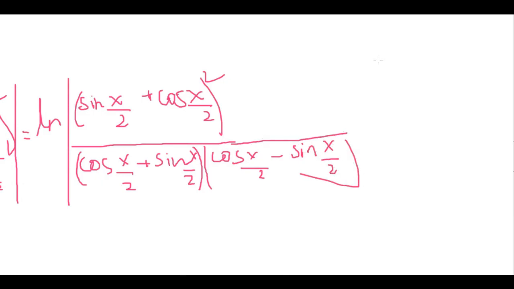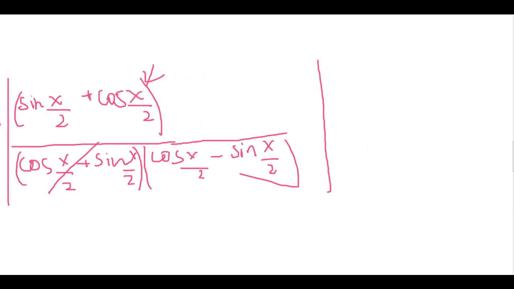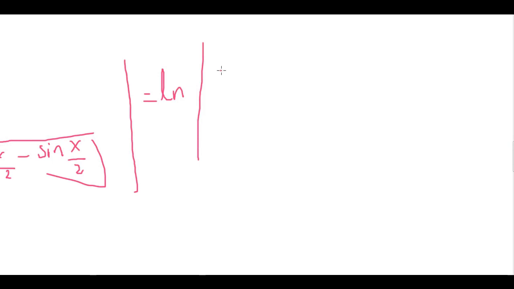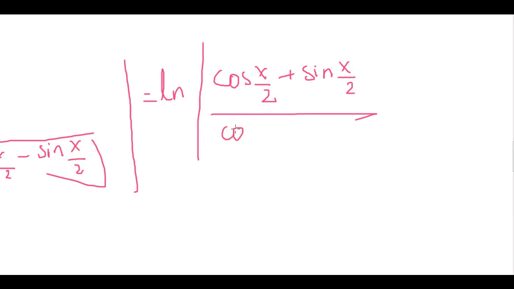So now here I can cancel out one cos x by 2 plus sin x by 2 here, and one in the numerator. So this basically becomes ln of cos x by 2 plus sin x by 2, by cos x by 2 minus sin x by 2.